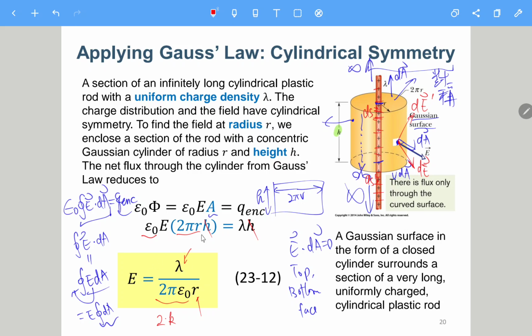So this is the comparison. If you don't know what Gauss's law or a surface integral is, then you need to do separation and then addition with the integration. And here, if you know Gauss's law, then you can just evaluate this surface integral, and we can come up with an expression very quickly.